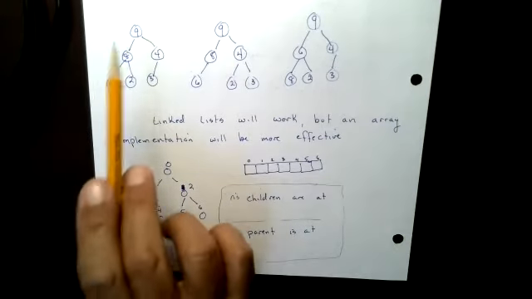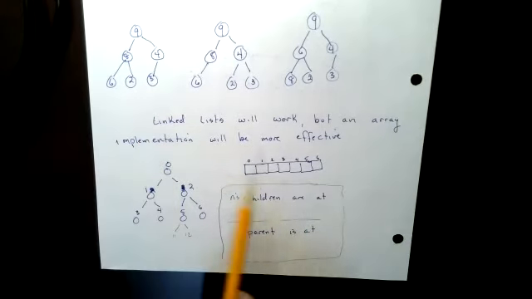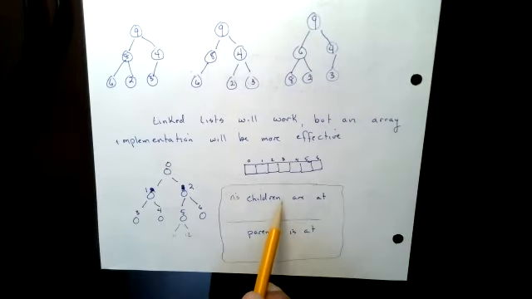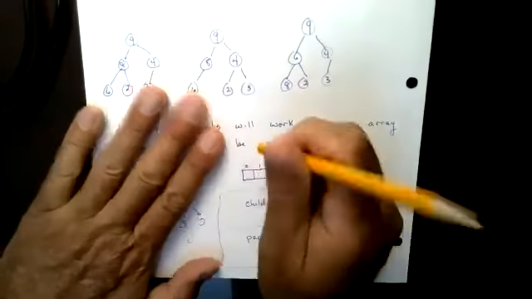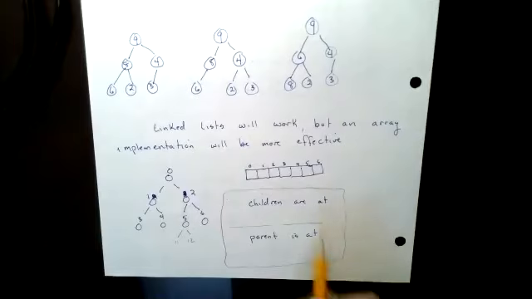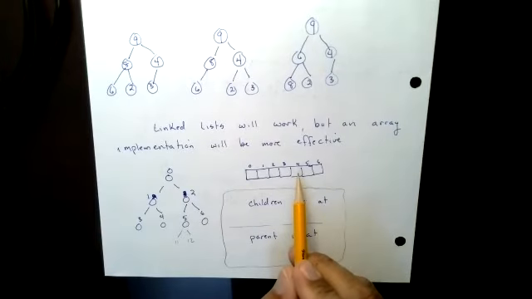When I store a binary tree in an array, where are the children? Where is n's children? It's to the left and right. But if I said, I'm giving you the number 4, where's 4's children?